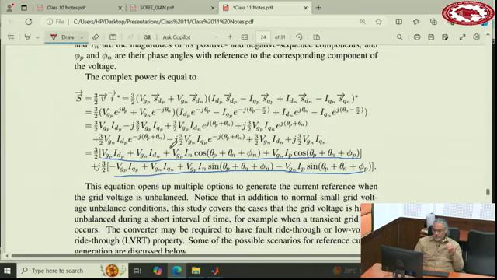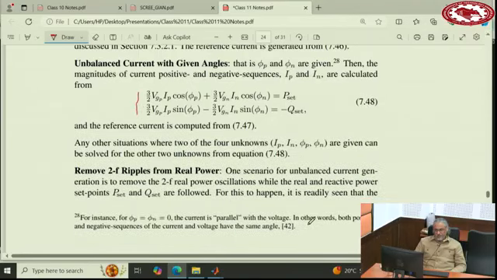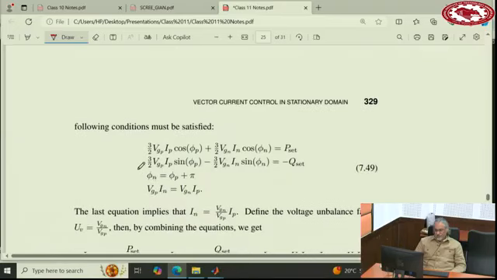this pulsation 0, if you want, or this one 0. You only have 1 degree of freedom on top of these two set points. So I have discussed that in some detail here. So this equal to P set, this equal to Q set. And then if you want to put that ripple to 0, for instance, it will end up with these conditions.